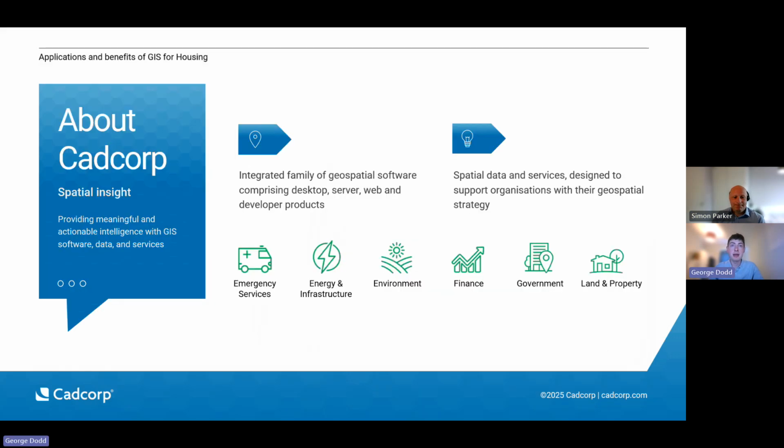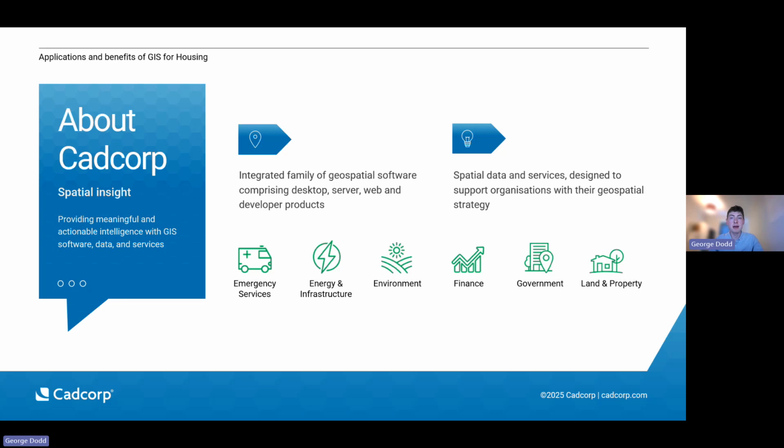So a bit about CAD Corp. We are a UK-based GIS software development company, and we create a family of geospatial software that includes desktop-based and web-based mapping. In addition to this, we also supply our customers with Ordnance Survey data and provide them with technical consultancy when required.